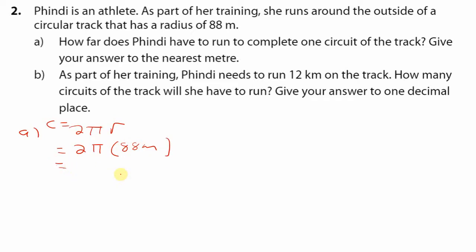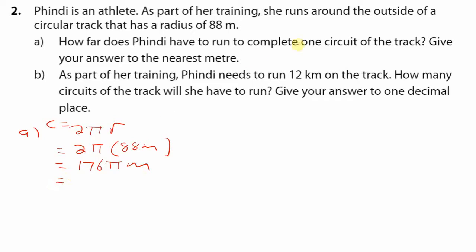So we have 2 times 88. 2 times 80 is 160. 8 times 2 is 16. 160 plus 16 is 176. So it's 176 pi meter.